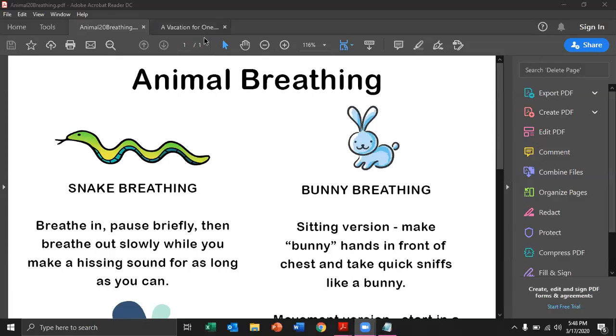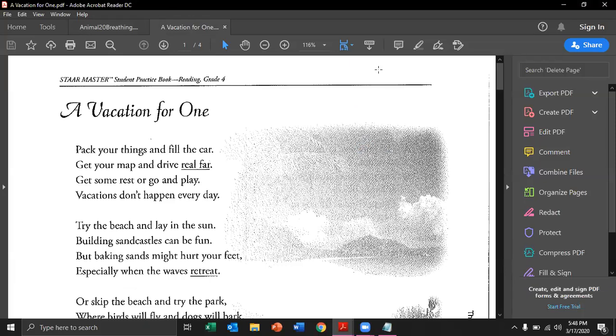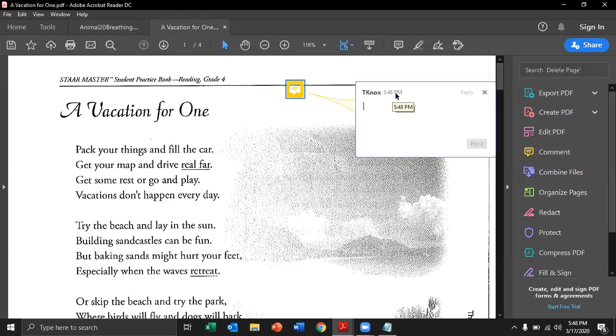I'm going to share my screen. And so we're going to be reading A Vacation for One today. And we know this is a poem. And so I'm going to bring my notes up. Of course, for you, you will be using regular pencil and paper.